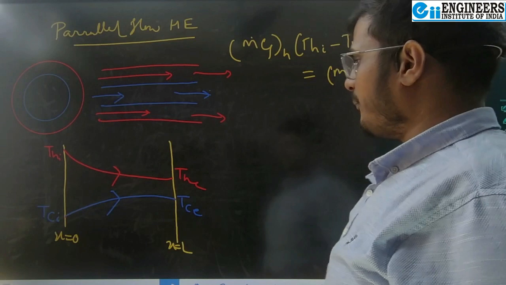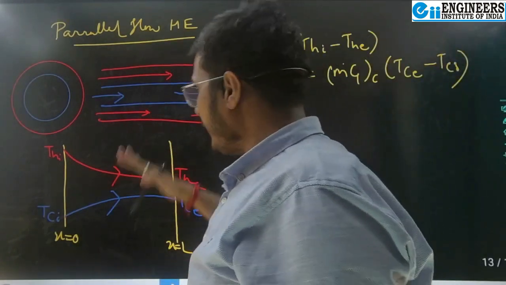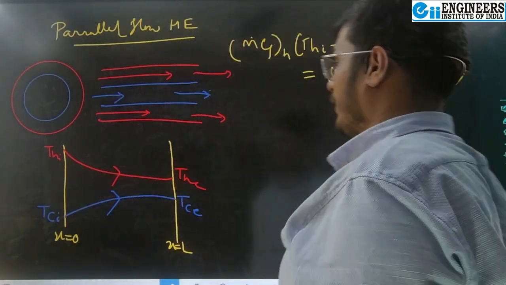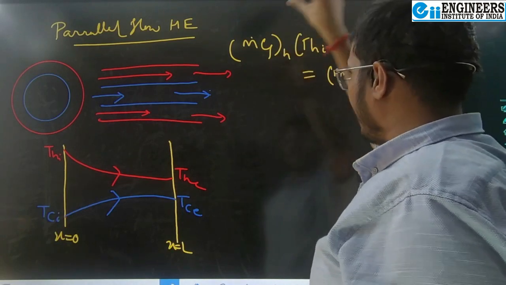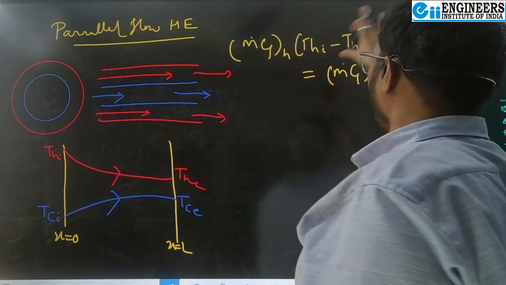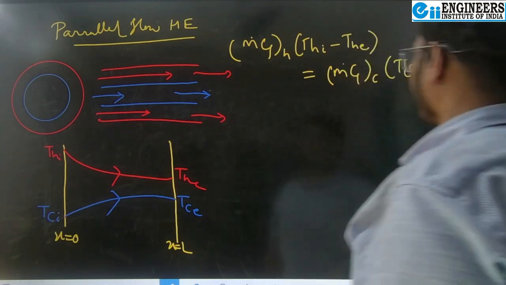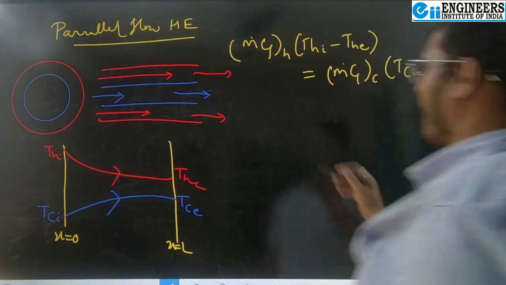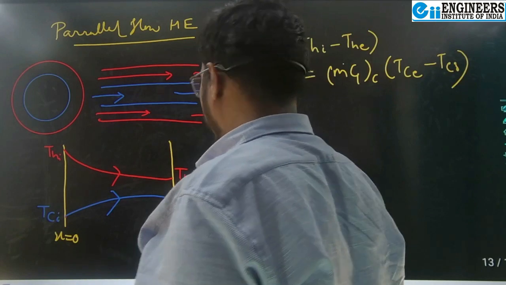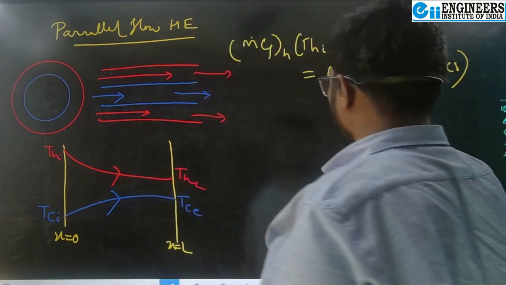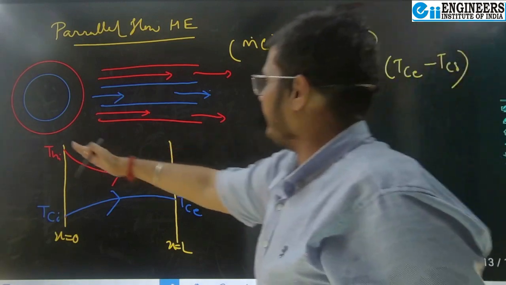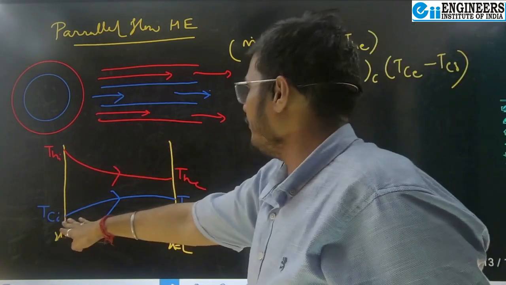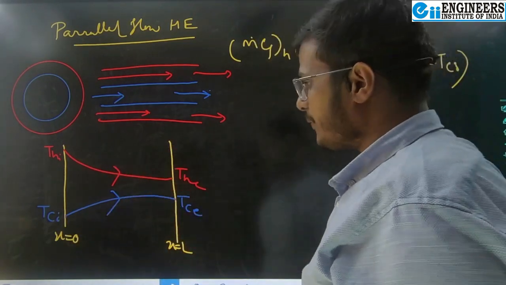So here what is happening is that the heat given by the hot fluid is being absorbed by the cold fluid. Supposing m Cp hot, that is the heat capacity of the hot fluid, is equal to the heat capacity of the cold fluid. Then what will happen? Supposing m Cp hot is equal to m Cp cold, then THI minus THE, that is this temperature difference, will be equal to this temperature difference.